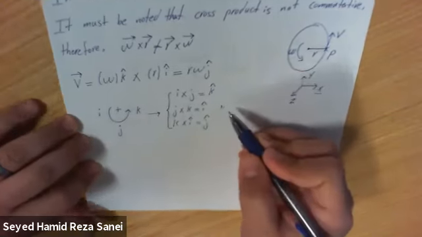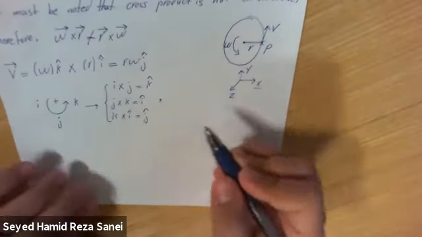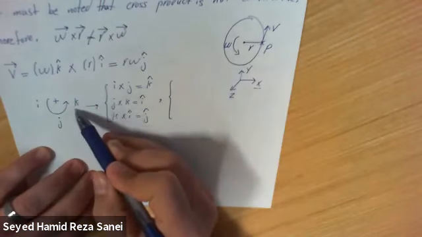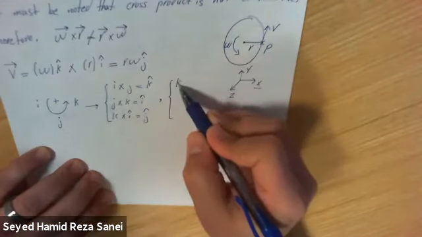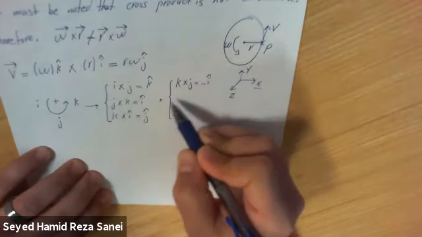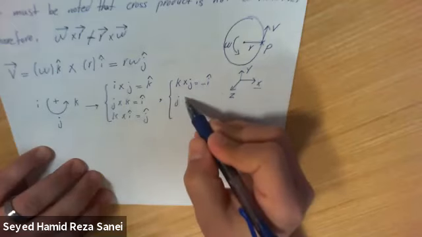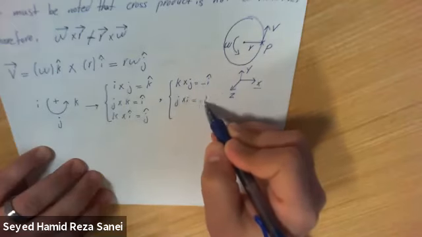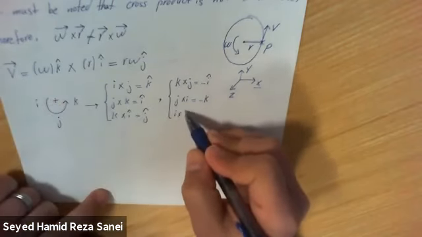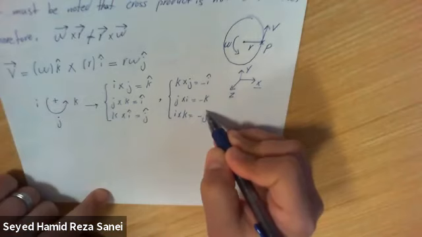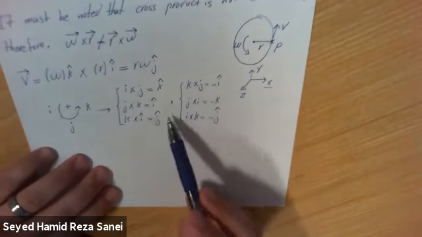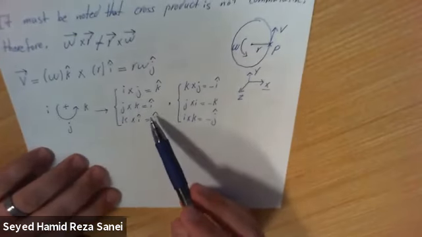And if I move in the opposite direction, k cross j would be negative i, j cross i would be negative k, i cross k would be negative j. So that's a kind of shortcut for finding a cross product.